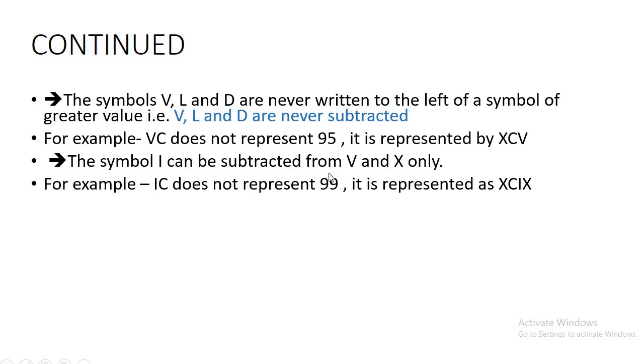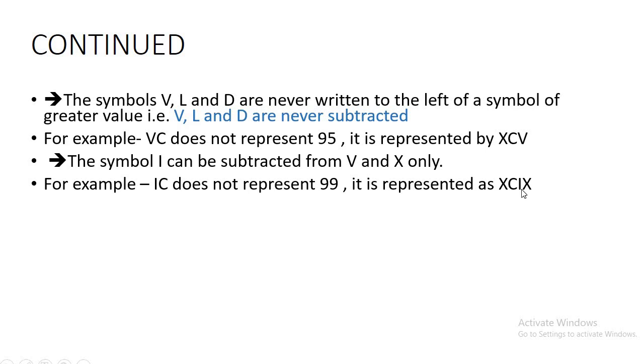However, in order to represent 99, we have to break it as 90 plus 9. We have seen in the earlier example that XC represents 90 because X represents 10, C represents 100, and 10 is present to the left of the larger number, so its value will be subtracted. So 100 minus 10 gives you 90, and IX represents 9 because X represents 10, I represents 1.